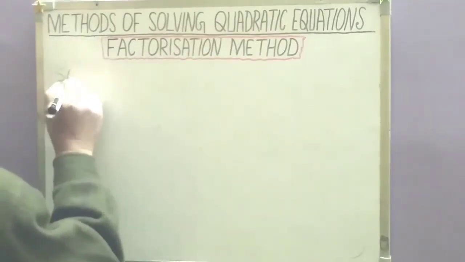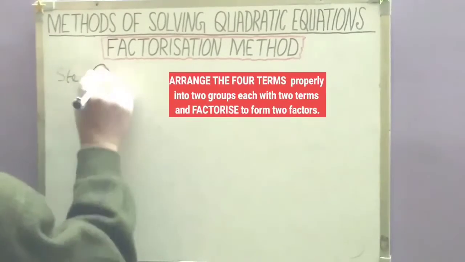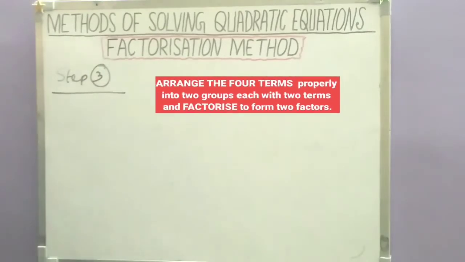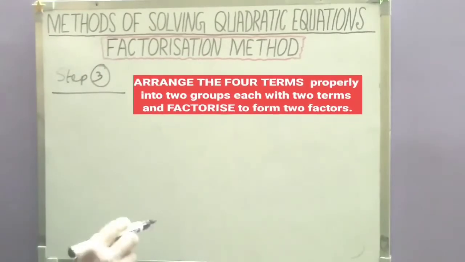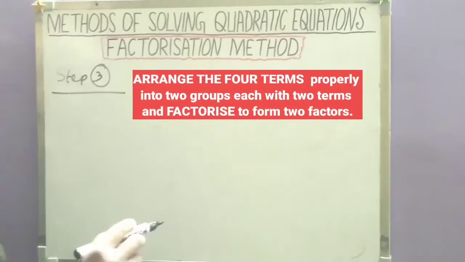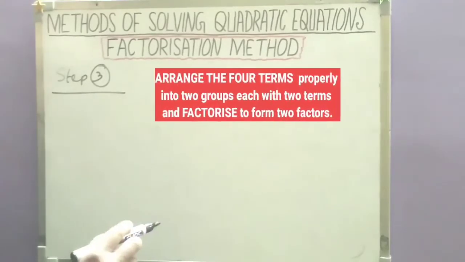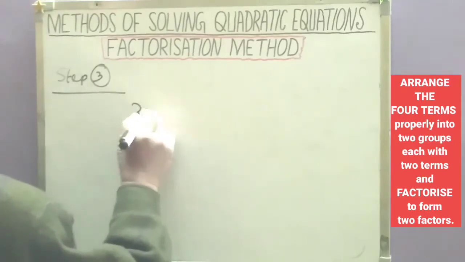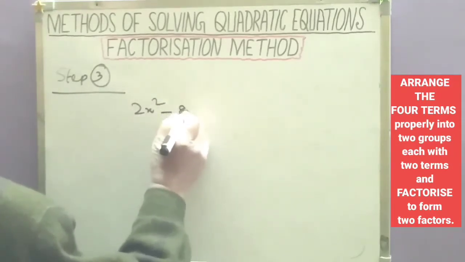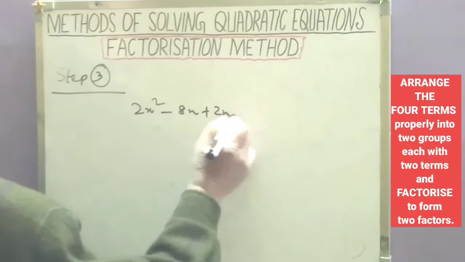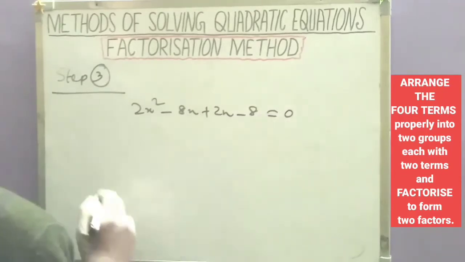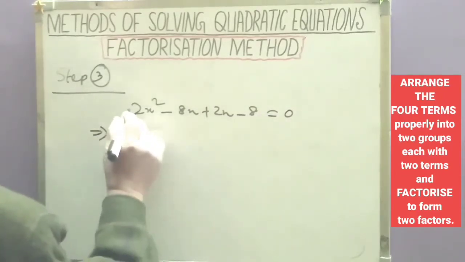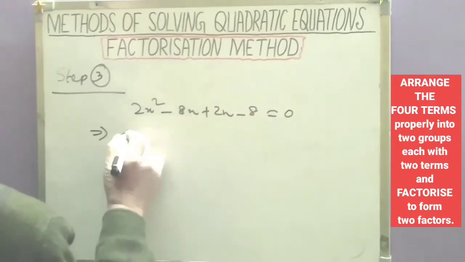Step 3. Arrange the four terms so formed properly into two groups, each with two terms. Factorize to form two factors. For example, in the above equation, after splitting the middle term, we have 2x² - 8x + 2x - 8 = 0.